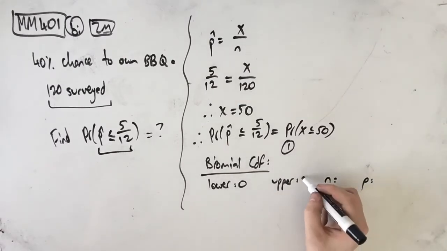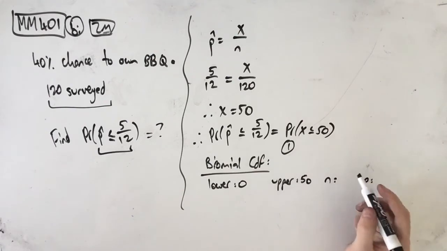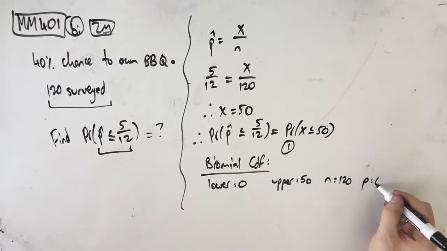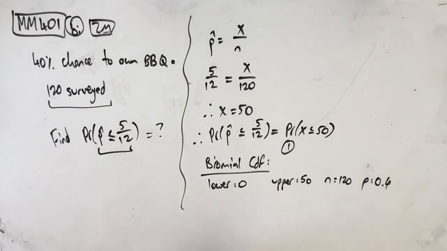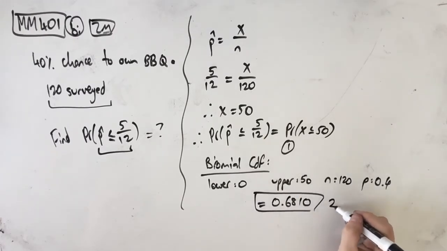Lower is 0, upper is 50 because we're including 50. n is the total number of people surveyed, which is 120, and p is our chance that they own a barbecue, which is still 0.4. Plugging this into our CAS, we get an answer of 0.6810, which is our second and final mark for this question.